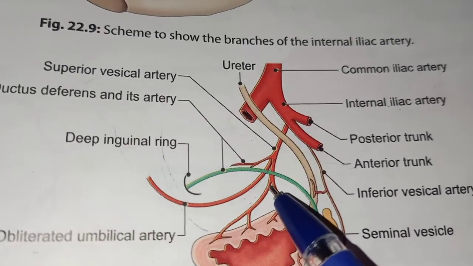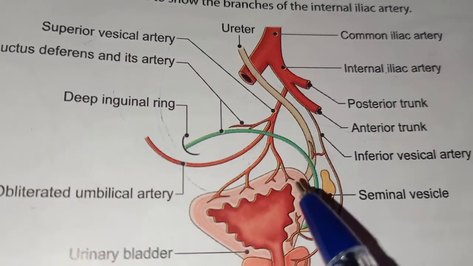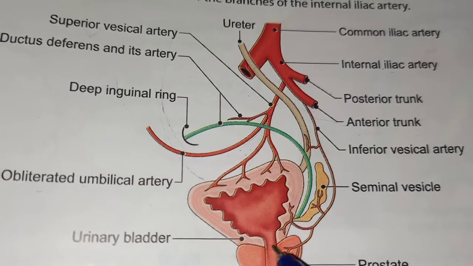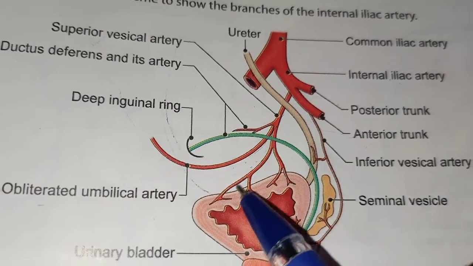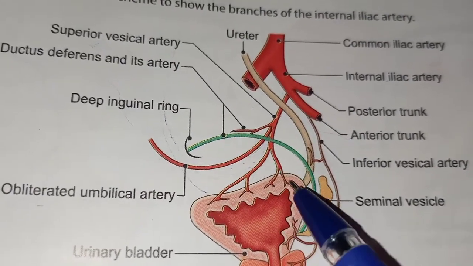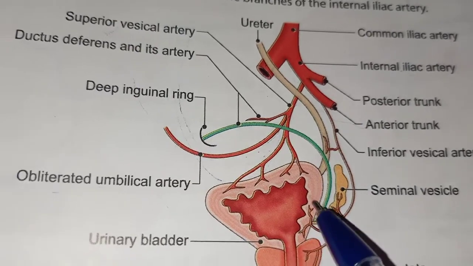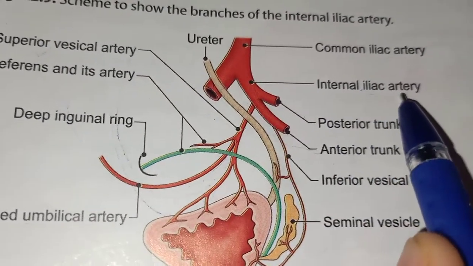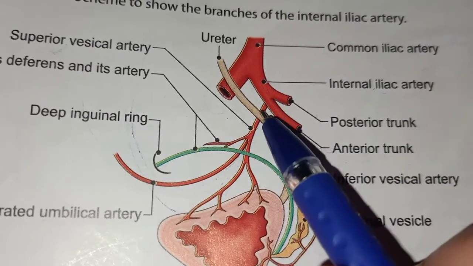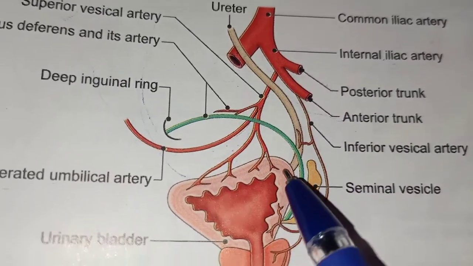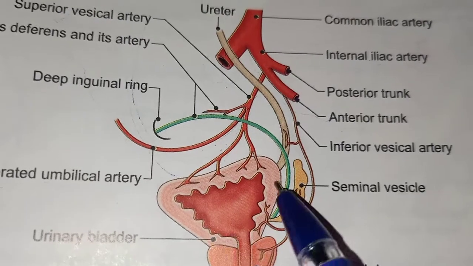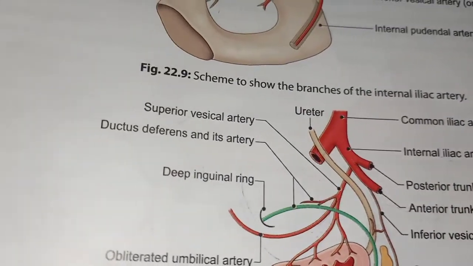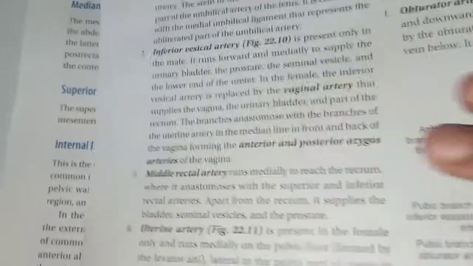This is the urinary bladder, and the artery supplies the upper part or upper surface of the urinary bladder. So the anterior trunk of the internal iliac artery gives one branch, the superior vesical artery, which supplies the upper part of the urinary bladder.